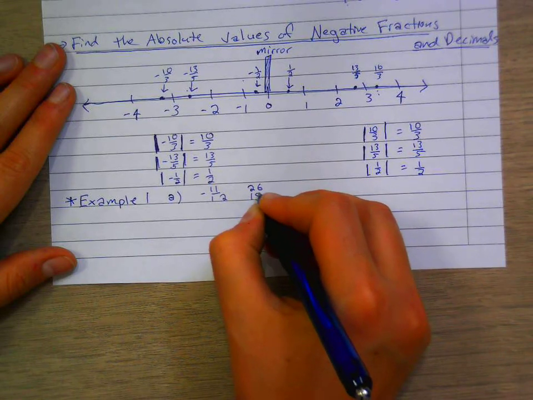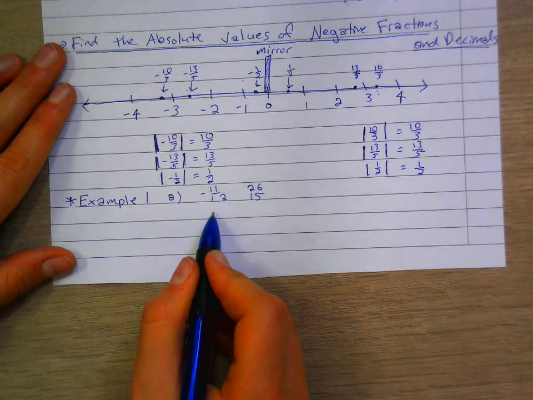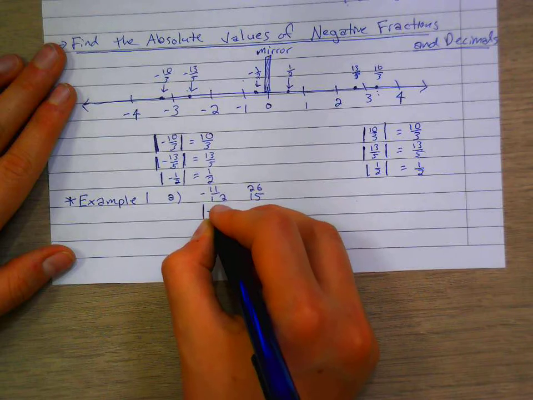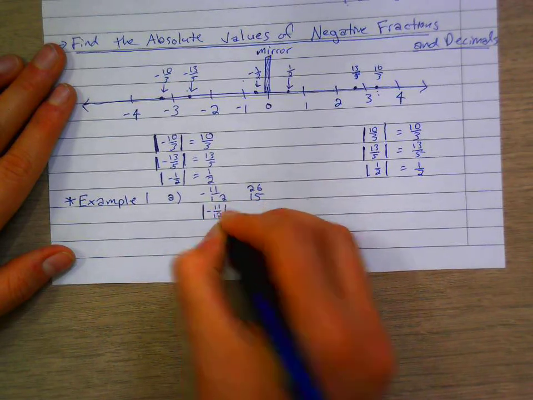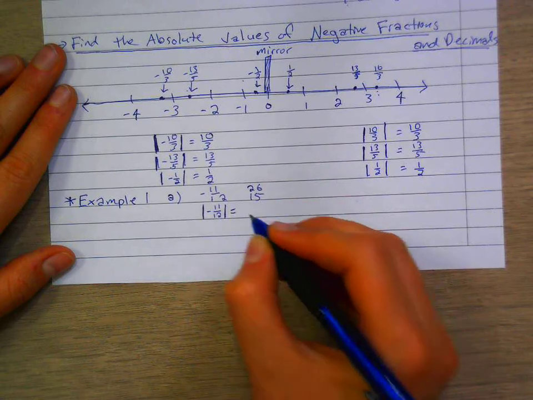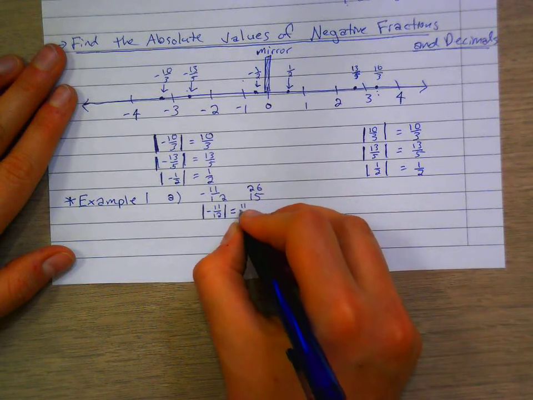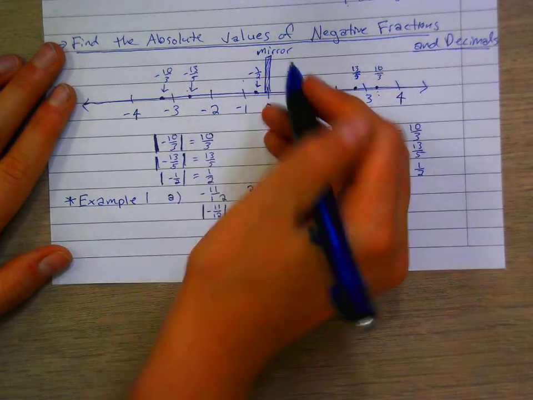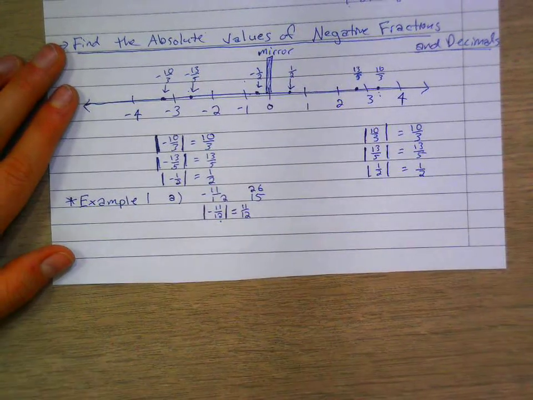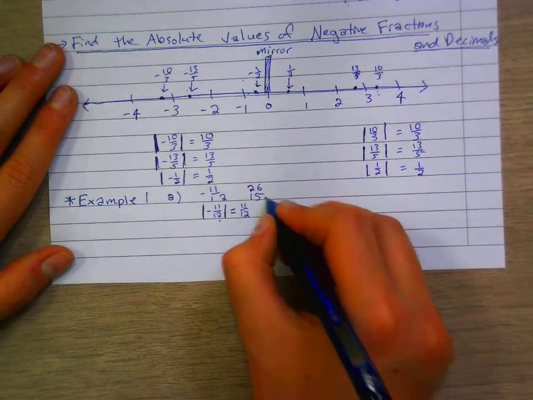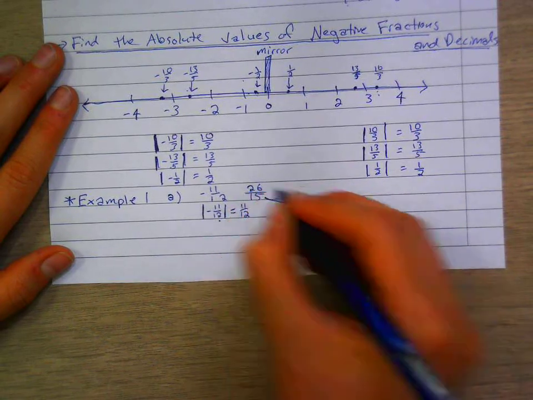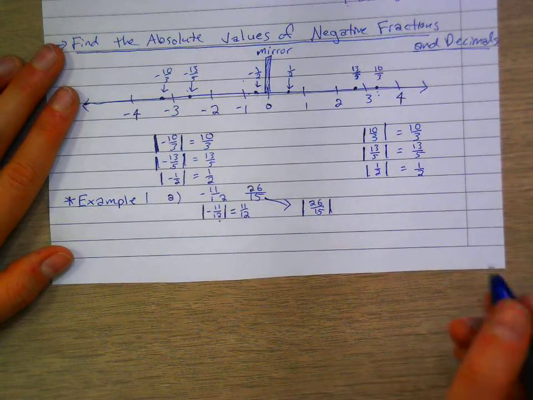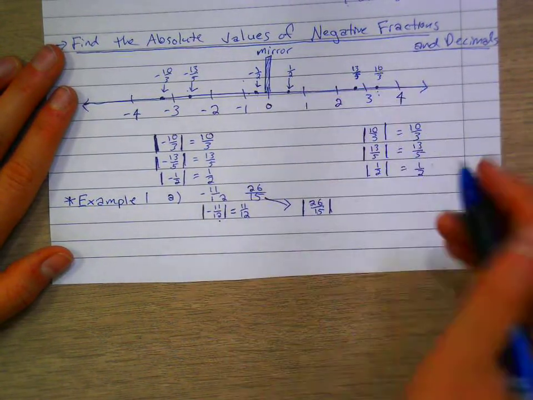Let's convert -11/12 to the absolute value, which is inside those bars, and we'll put a negative 11 twelfths, and that is going to be equal to 11 twelfths, because negative 11 twelfths is, in fact, 11 twelfths spaces away from that mirror. Now let's try the absolute value of 26 over 15. 26 over 15 is exactly 26 over 15 away from the 0 on the number line.